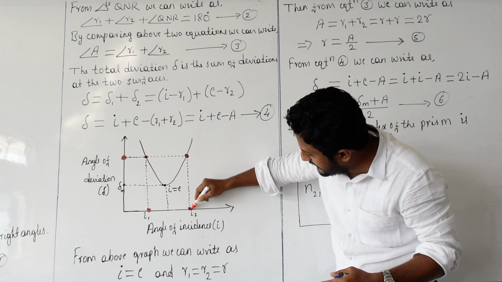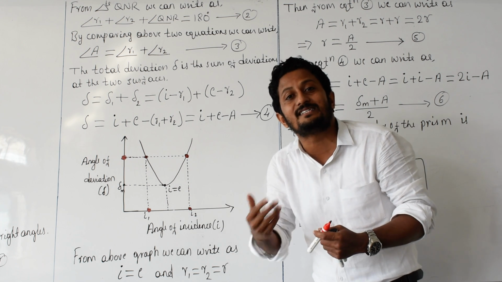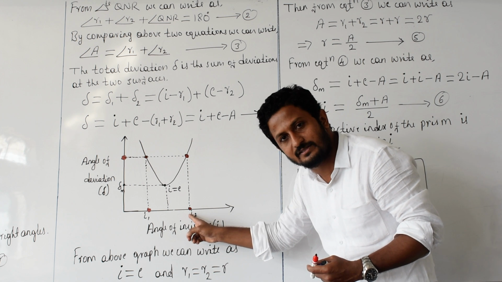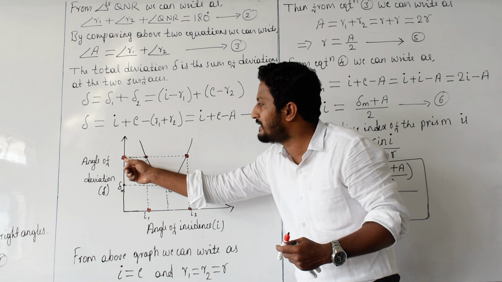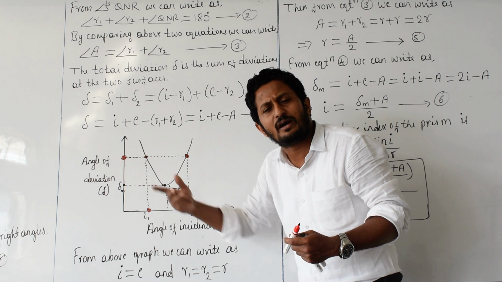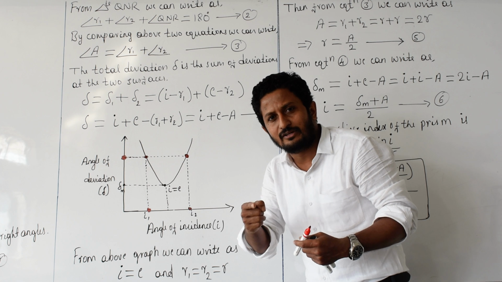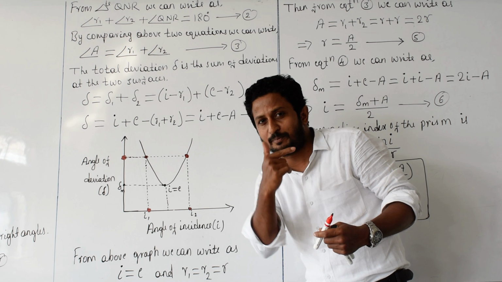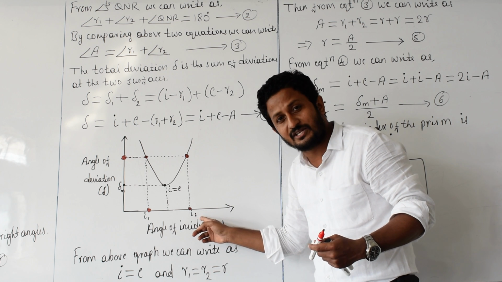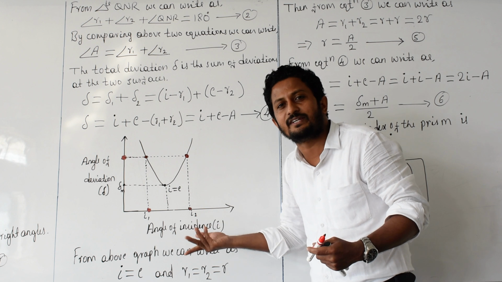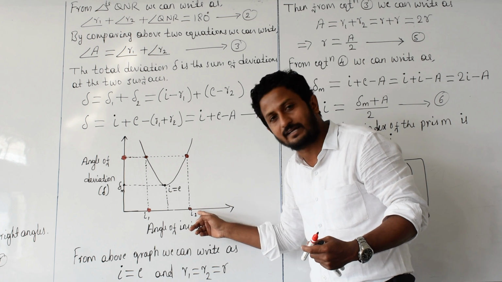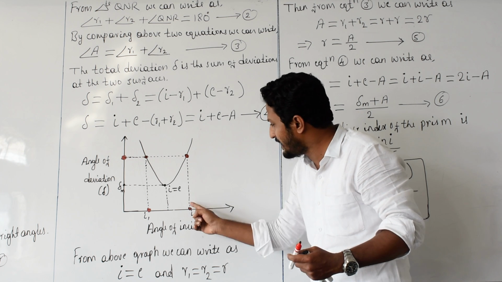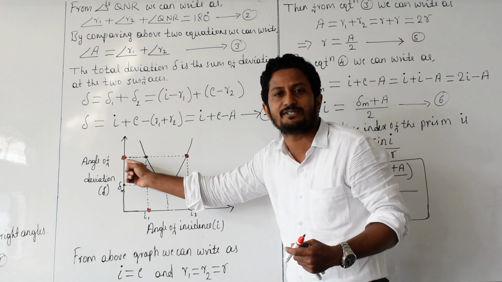This is another angle of incidence, and for this angle of incidence, again there will be this angle of deviation. If you send the light ray through the prism with this angle of incidence, you again get the same deviation.